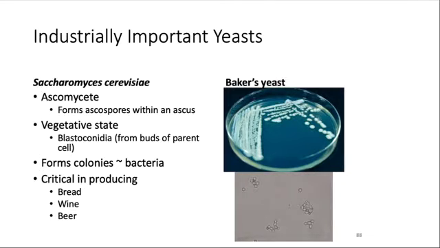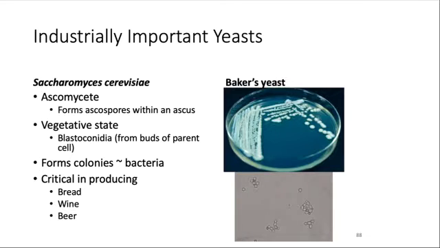If you see a fungi on a plate, you're looking at mostly the vegetative stage at that point. You may see some spores, but those will be aerial spores, filaments that will point upwards, and then you have the spores on top of it.